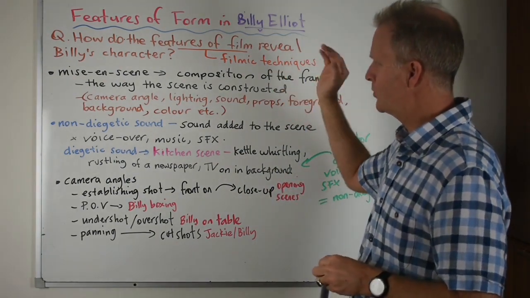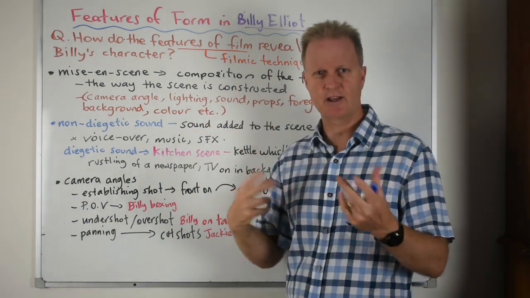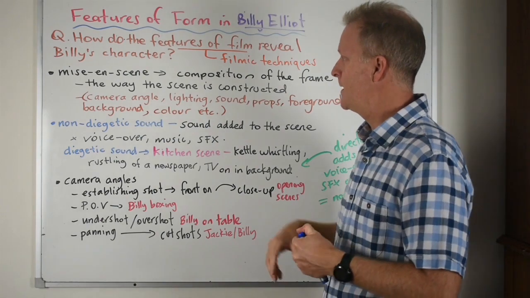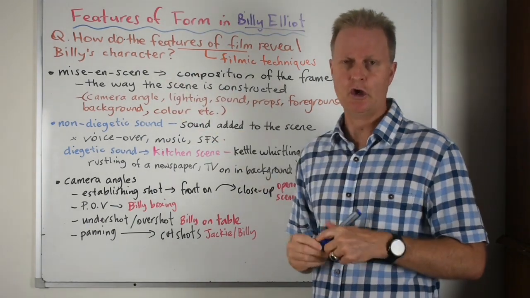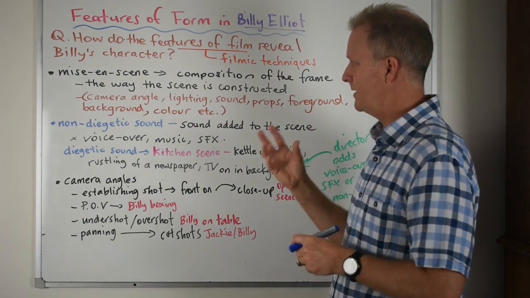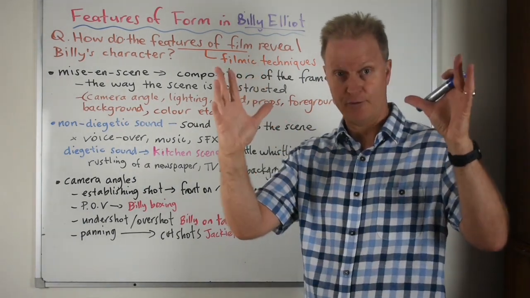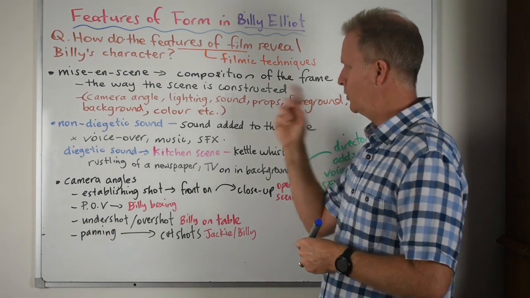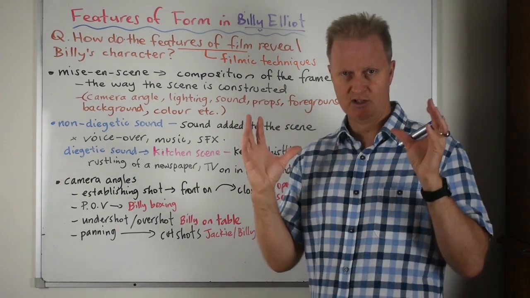Okay, so we're just going to run through a few, and I'm going to give some brief examples of these things in the film. The first term we want to talk about is mise-en-scene, and basically that's like a freeze frame. If you press pause on the film, you're looking at the way that the scene is constructed.